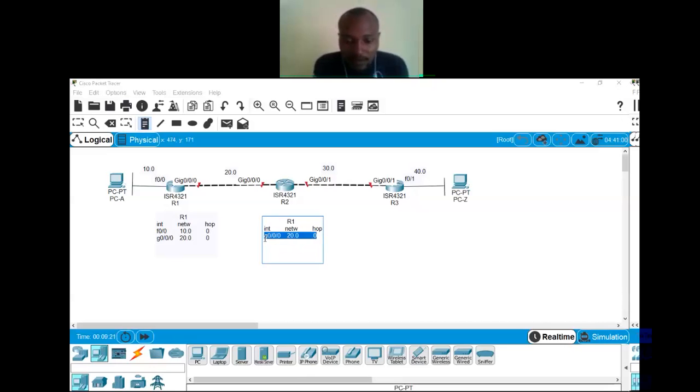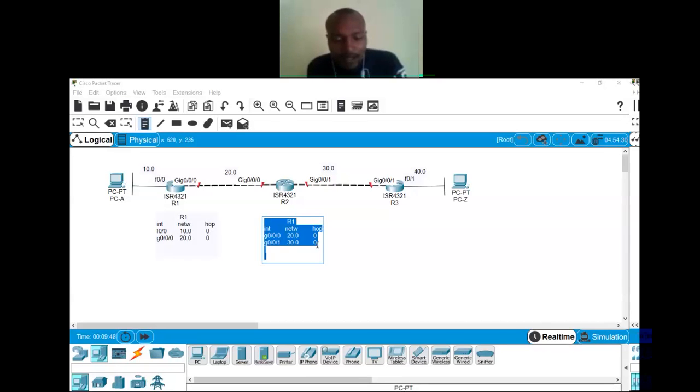Two interfaces, Gig 00 and Gig 01. Gig 00 on R2 has network 20. Hop count is 0 because it's directly connected. And then it also has Gig 01. Gig 01 has network 30, which is directly connected. So that's a good thing. So it will have a hop count of 0.